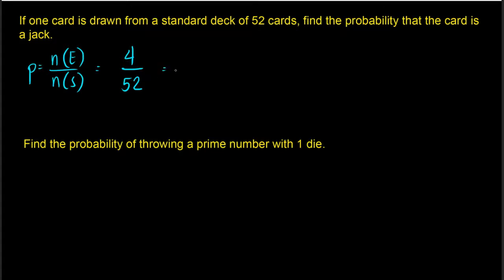Now, 4 over 52 is still not in its lowest terms as a fraction. So you put it in your calculator and you should get 1 over 13. If the teacher is asking you for a fraction answer, this is good already. If you're being asked for a decimal answer, just look for this button in your calculator and you should get 0.0769.